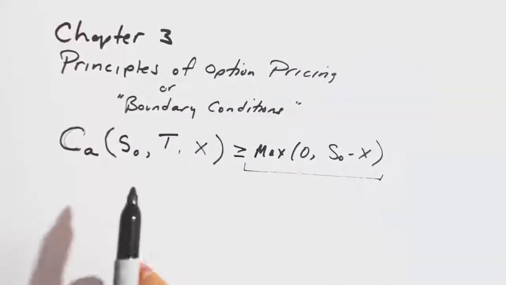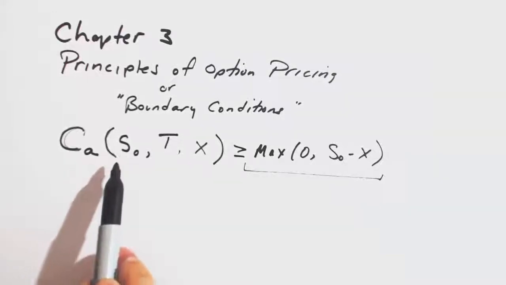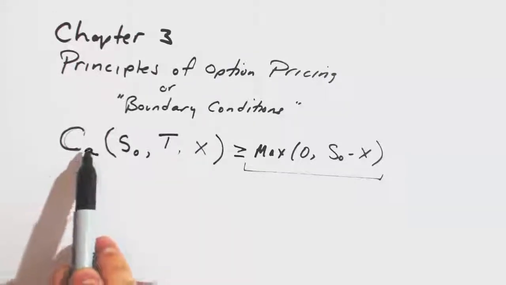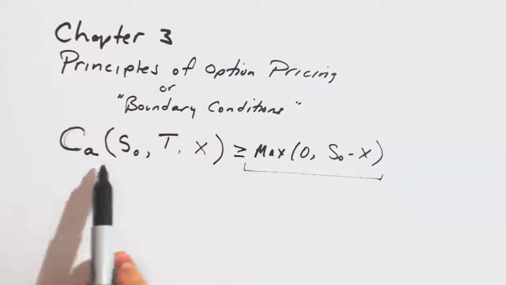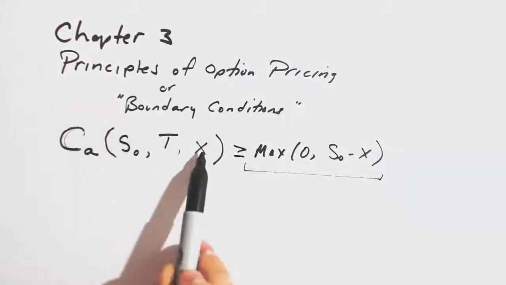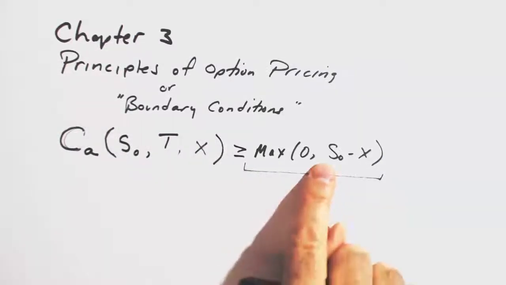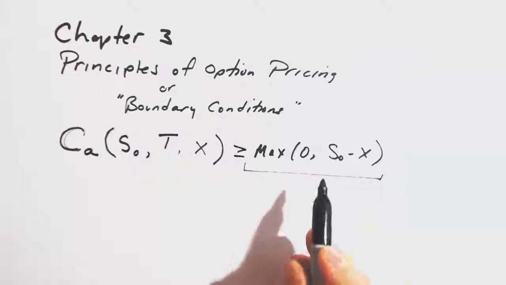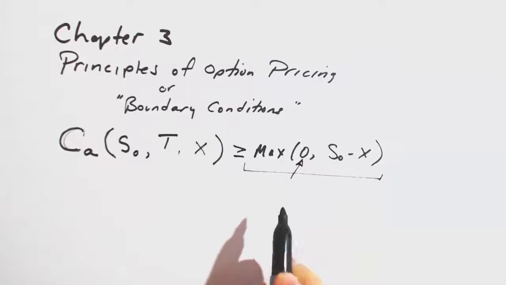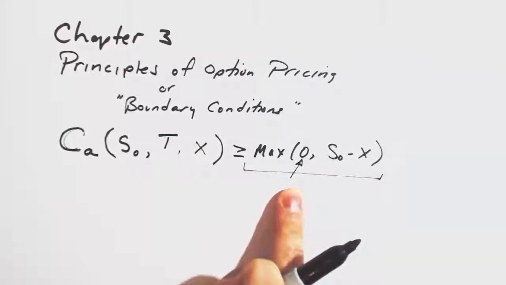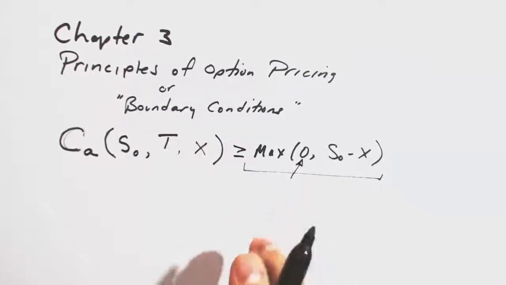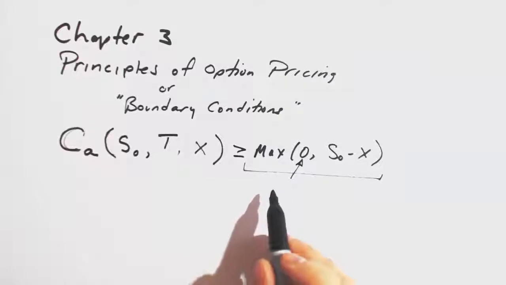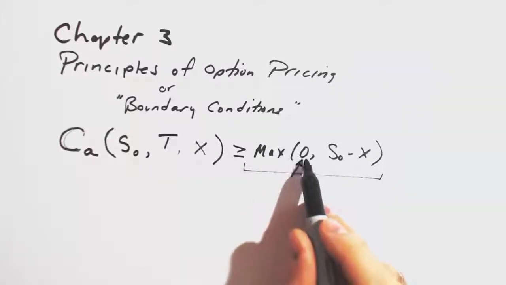Let's look at what this is saying. The intrinsic value of the option, this option has to be worth at least this amount. How do you interpret this? Well, if the option is out of the money or exactly at the money, then the option is not worth anything. That's 0.